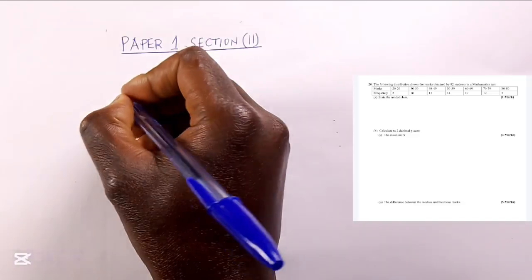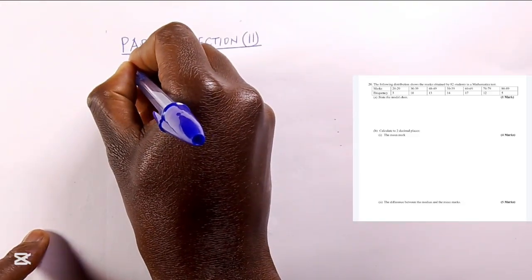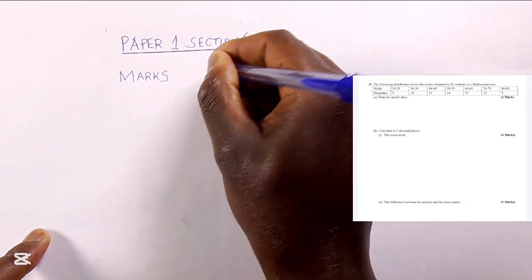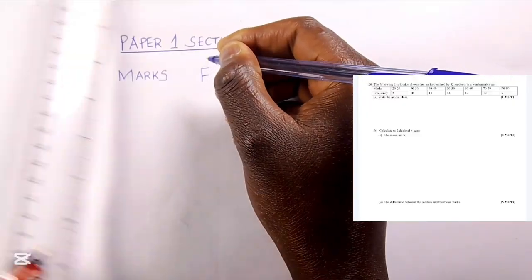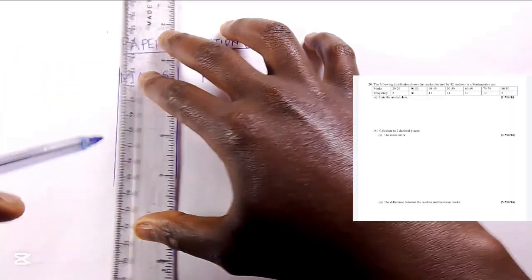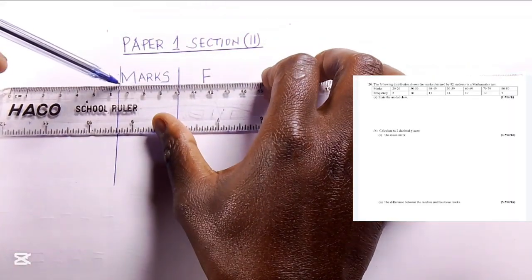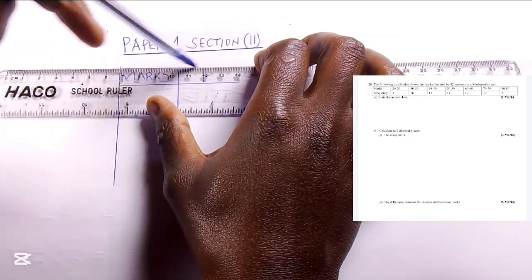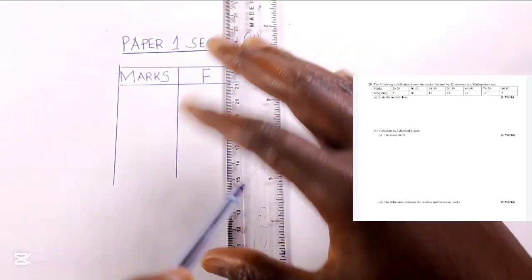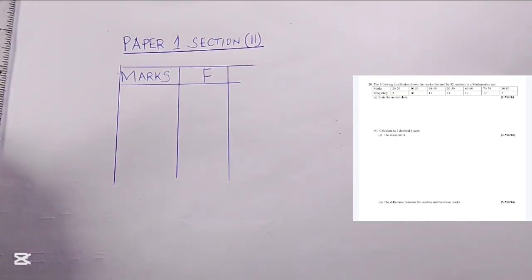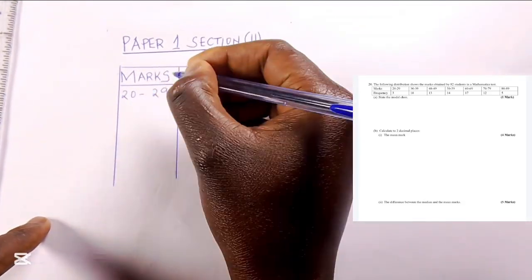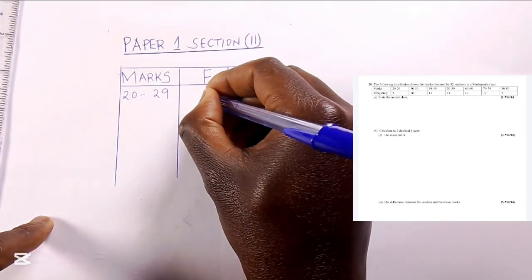We have the marks and we have the frequency. We have 20 to 29 with a frequency of 3.